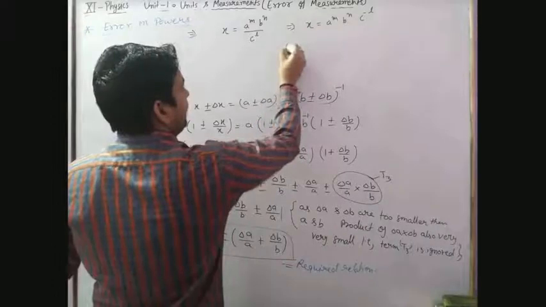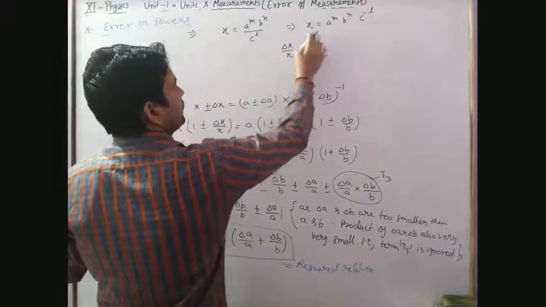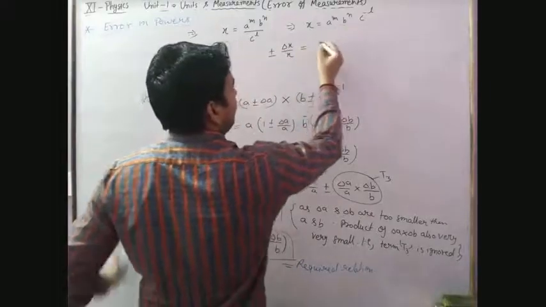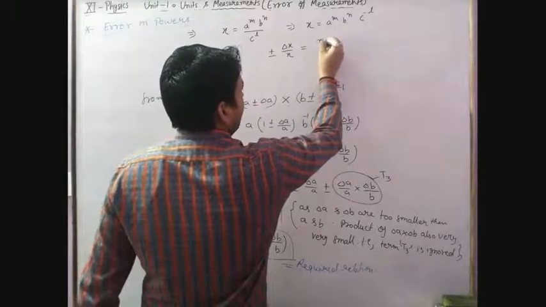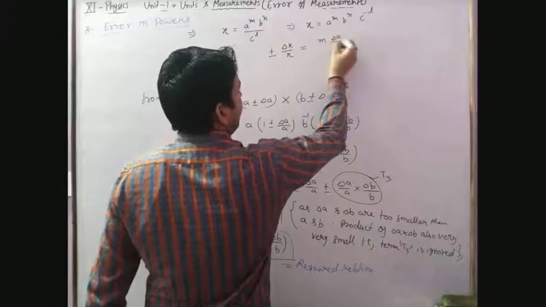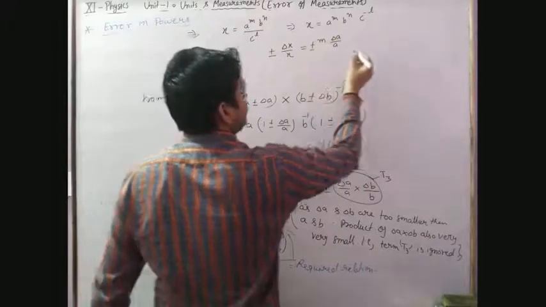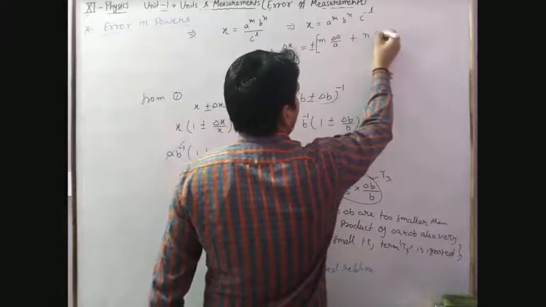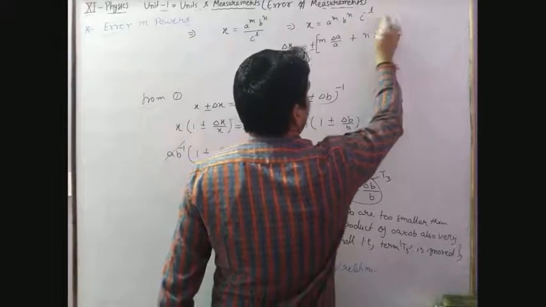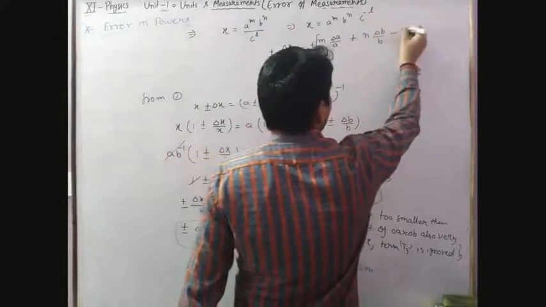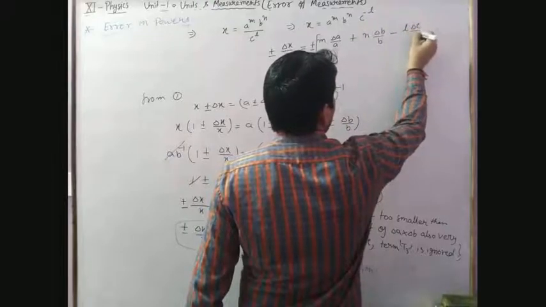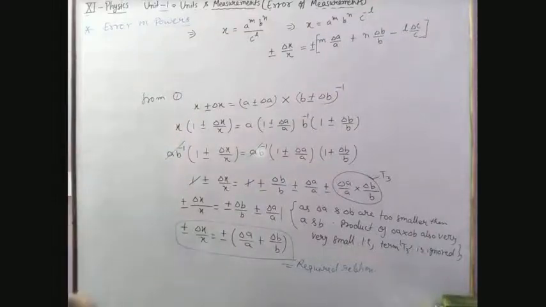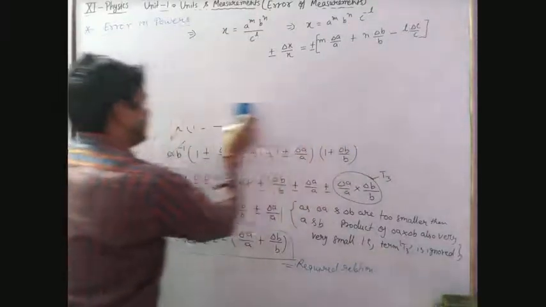Then you will get the error Δx/x, which means error in the measurement of x, as m Δa/a plus n Δb/b, and because it is negative, l Δc/c. This is how you can calculate the error in powers.